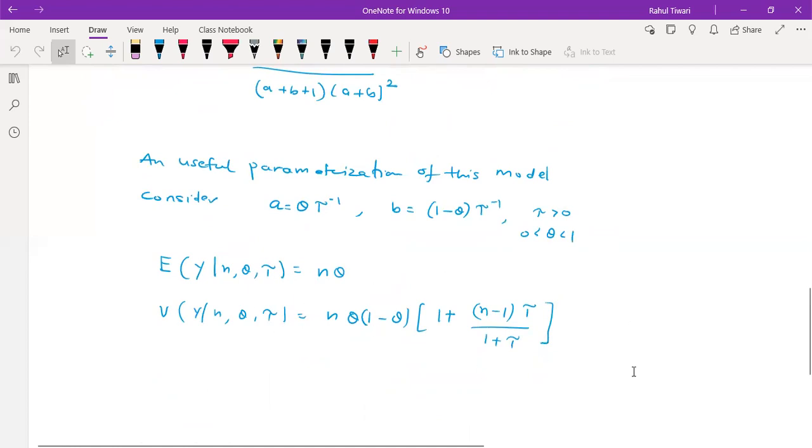Now what happens if I substitute tau equal to 0?